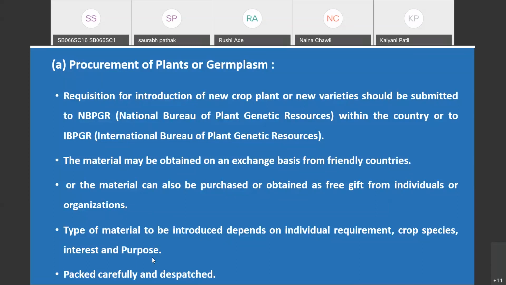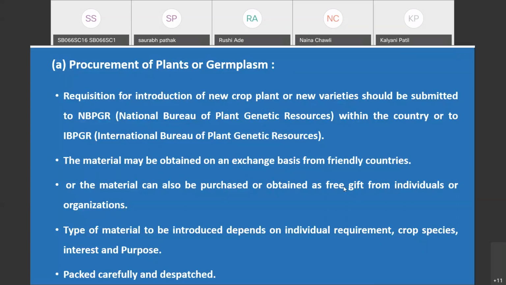But if you require it for hybridization, then you should introduce only the pollen grains. And if a vegetatively propagated crop is to be introduced from another country, then you can introduce only the vegetatively propagated organs. That's why we say the type of material to be introduced depends upon the individual requirement.